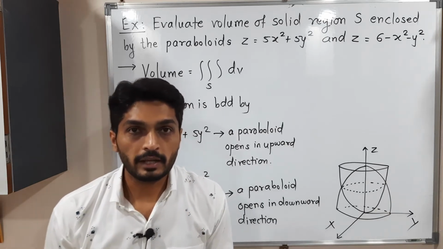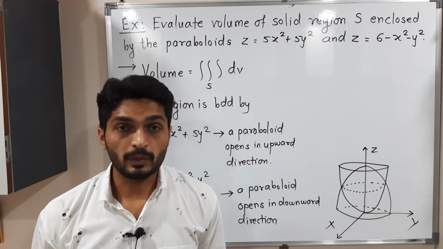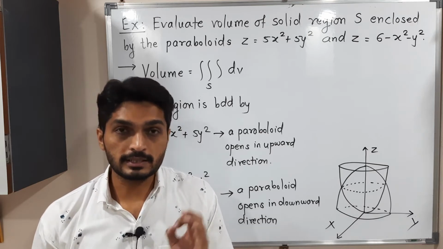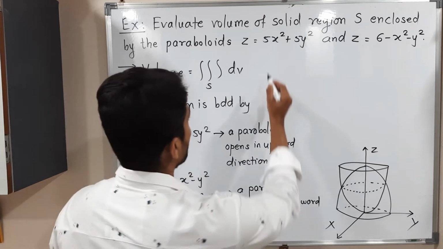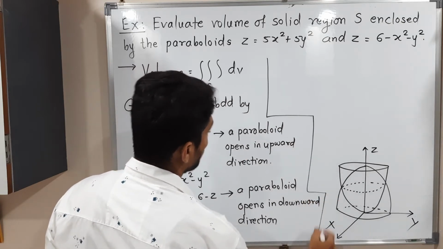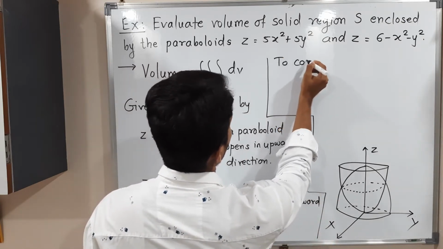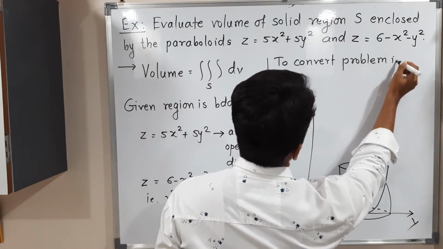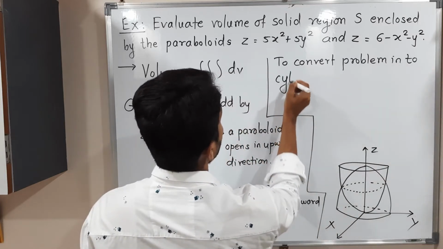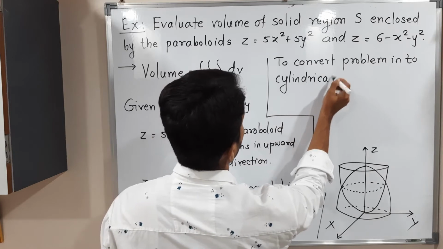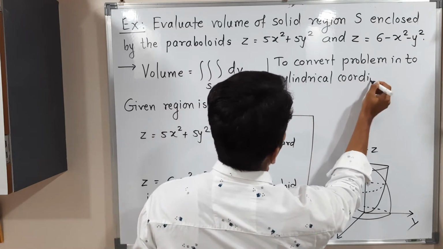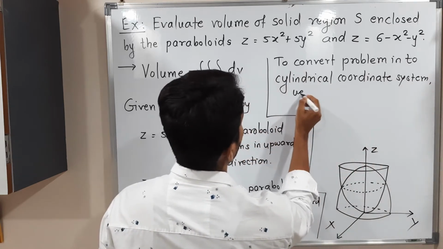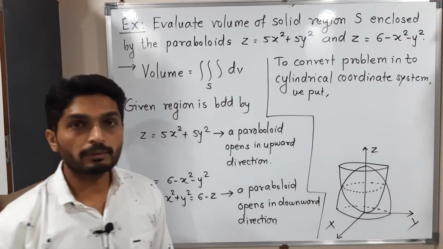You know that when we have paraboloids, cylinder, or cone, we convert the problem into cylindrical coordinate system. In this example also I will do the same. So to convert the problem into cylindrical coordinate system, we put, you remember what we put?